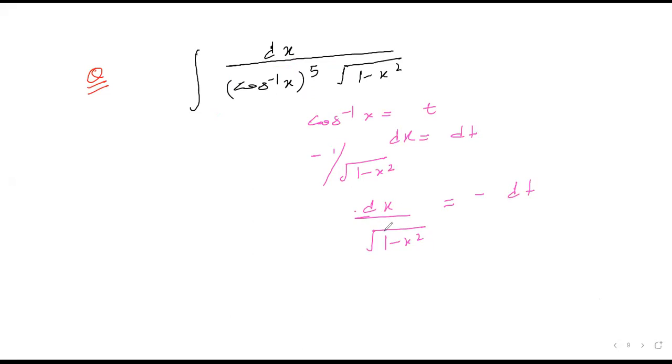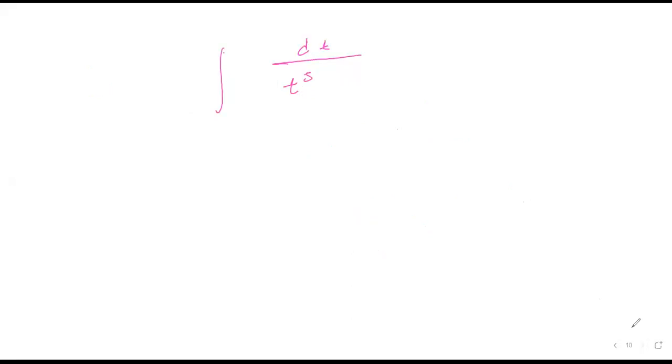Now I am going to replace dx upon square root of 1 minus x square by minus dt, so the integral is minus dt upon t raised to the power 5.